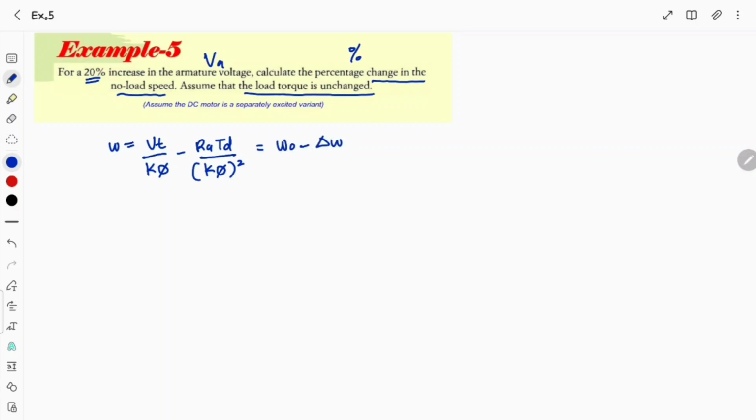Let us assume that omega naught 1, flux 1 and VA1 is the variable for the initial condition.